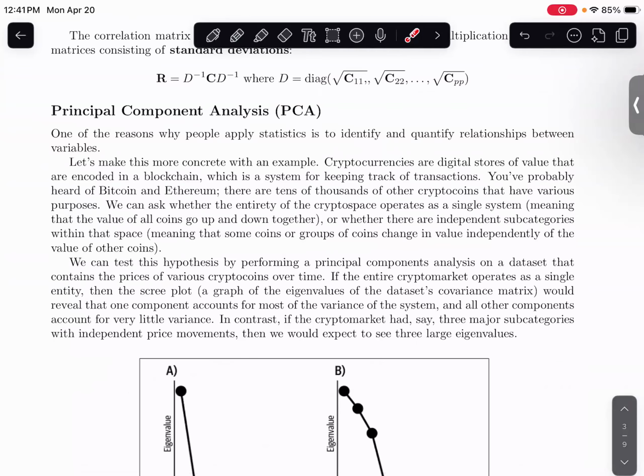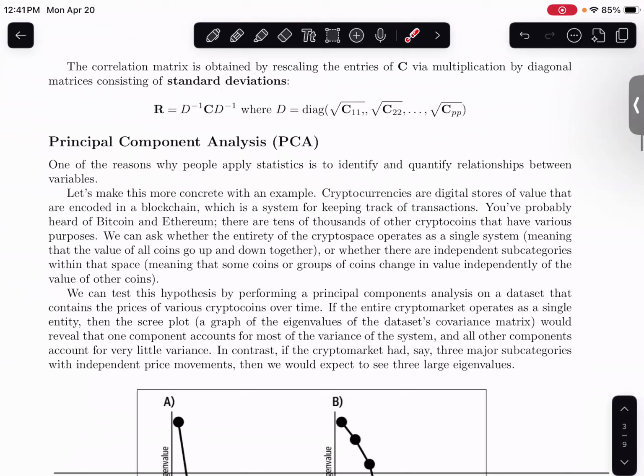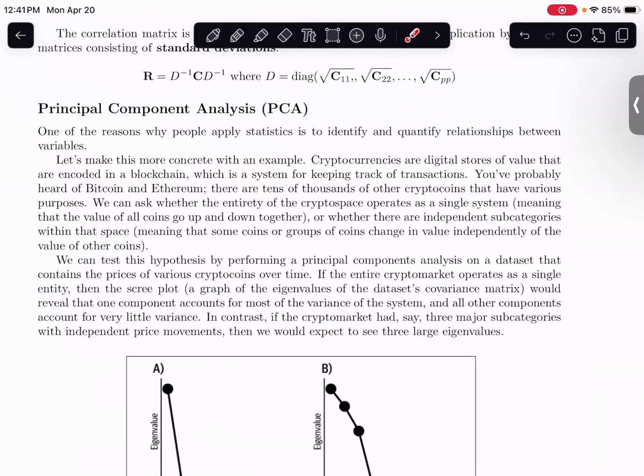And so when we're doing principal component analysis, I might show some of the example that I did in Python, rather than just talk a lot about principal component analysis and go into the theory. But I'll say a little bit about it before going to what's on my laptop.